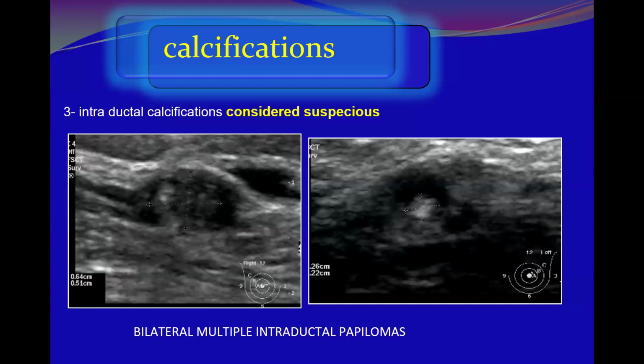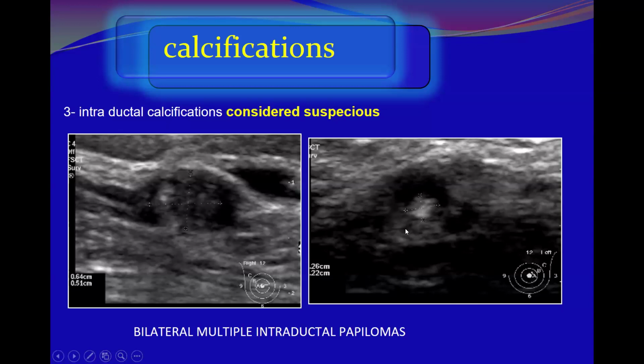Okay, so the third descriptor of calcification is intraductal calcifications. And intraductal calcifications per se are considered suspicious. Here we can see soft tissue with calcifications. Though here the calcification is also a little bit large, still, since it is intraductal, it is suspicious.